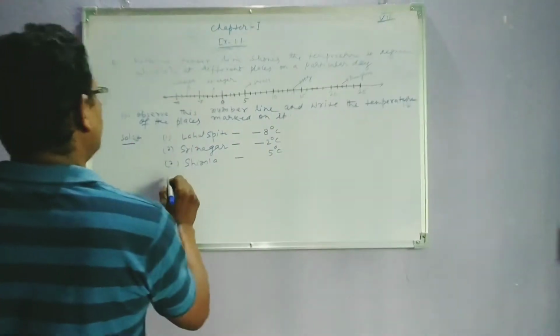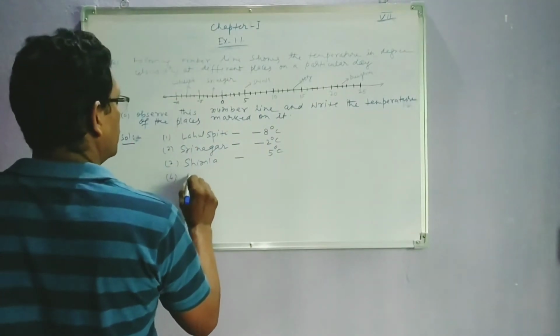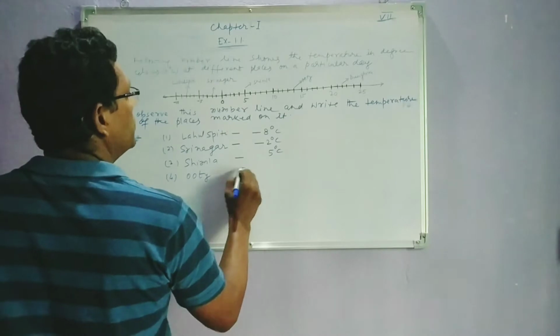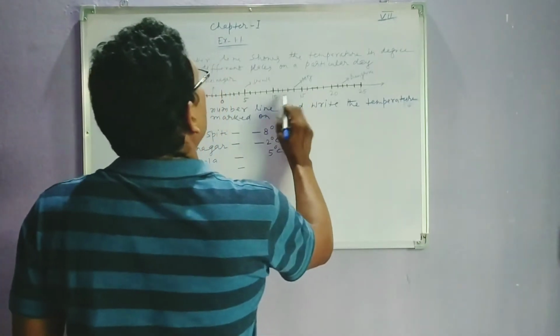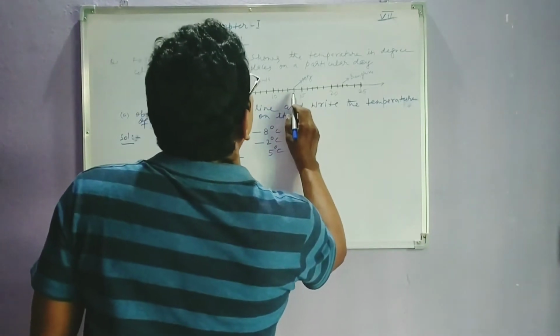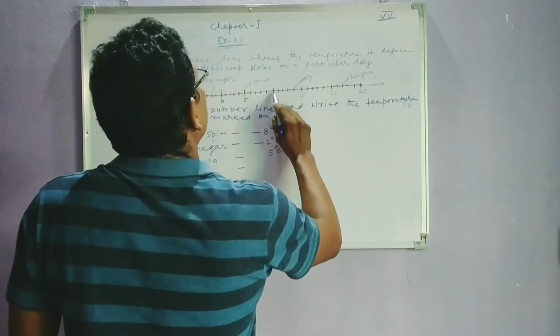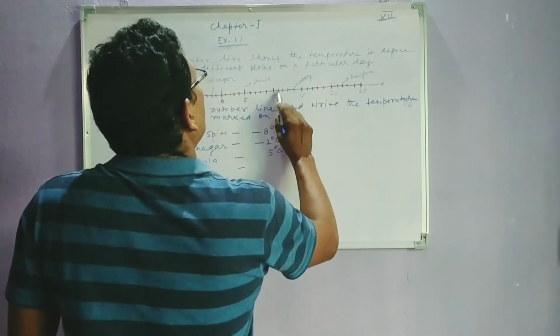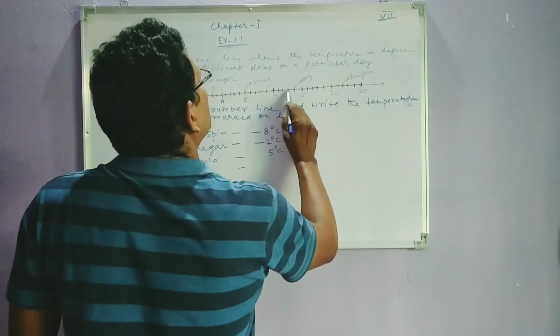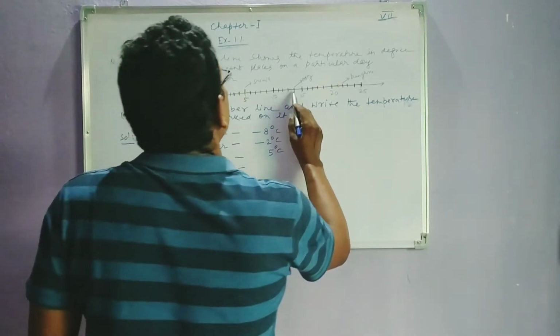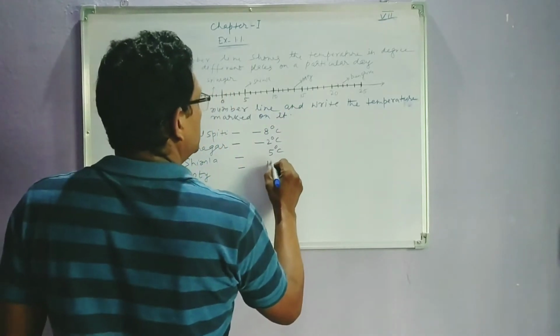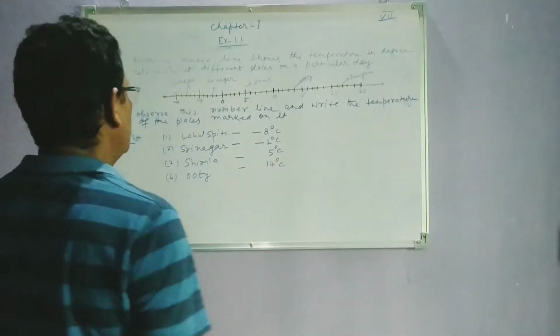Then Ooty. It is at what place? 10 here. Then 11, 12, 13 and 14. So 14 degrees Celsius. Ooty.